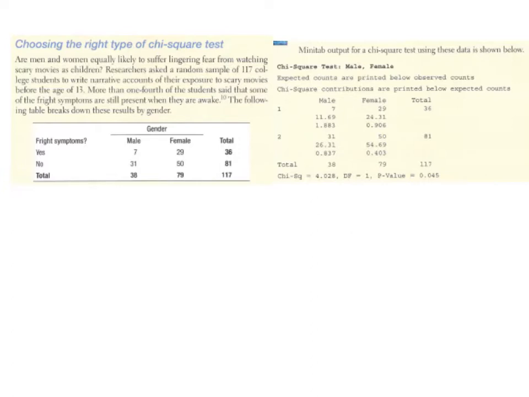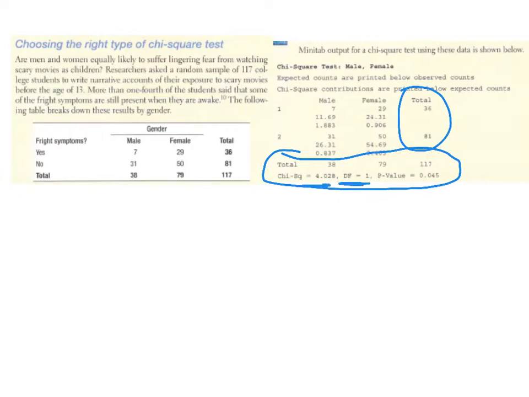Pay attention to, usually down at the bottom, they give you totals. Just like in your tables, you've got totals at the bottom and on the sides. You have your chi-square value, your degrees of freedom, and your p-value down here at the bottom. If you needed, you've got expecteds within.